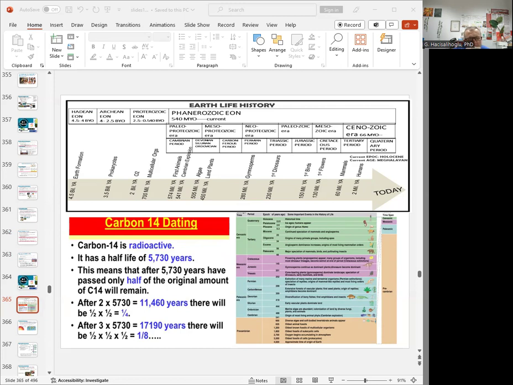Every organism has carbon 14, and we can measure what is left in their bodies and then determine the estimated age based on this half-life of carbon 14, which is 5,730 years.